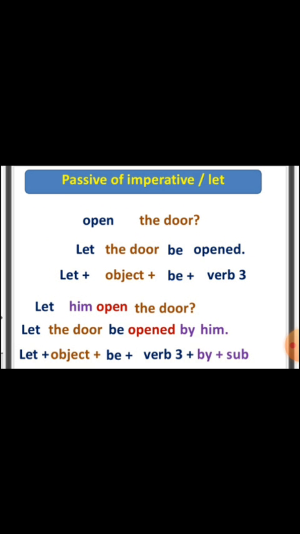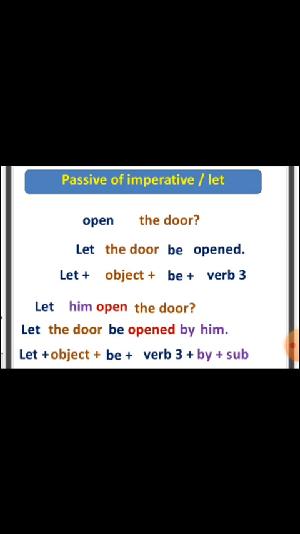So start the sentence from let the door, and after the object you add be, and then the third form of the verb. Let the door be opened. Let, then object, then be, and then the third form of the verb.